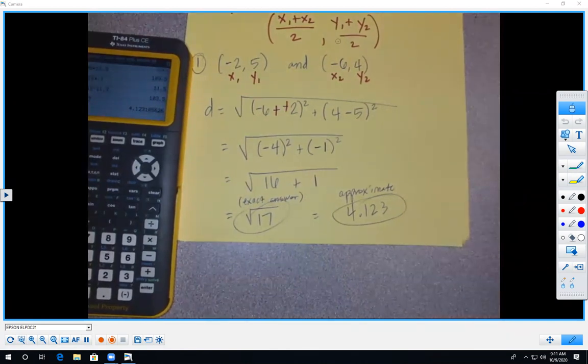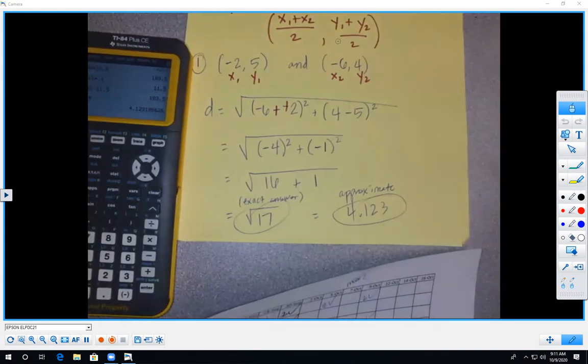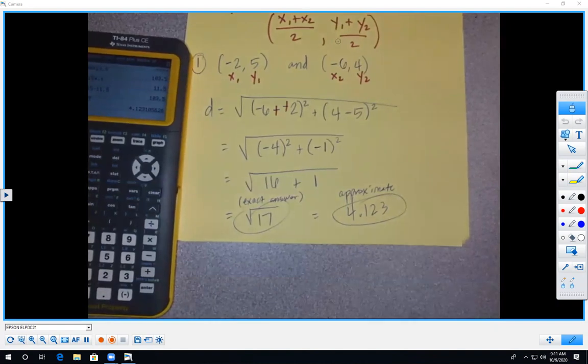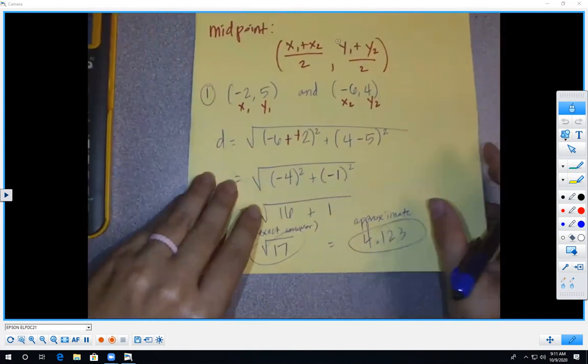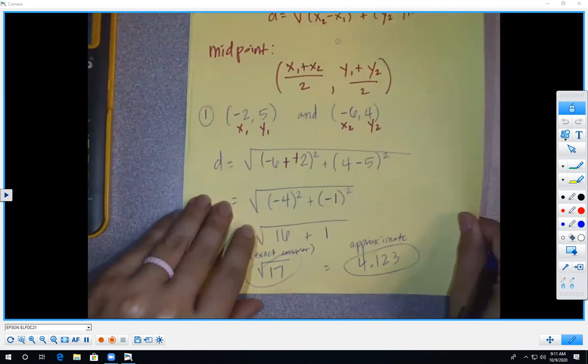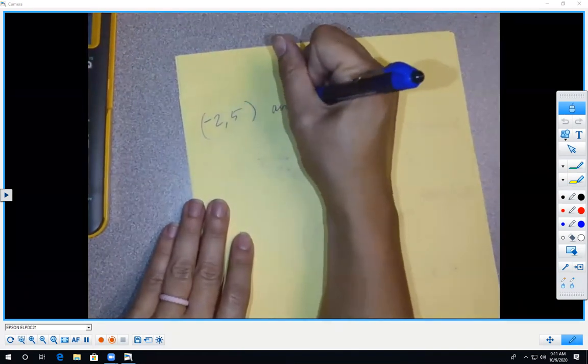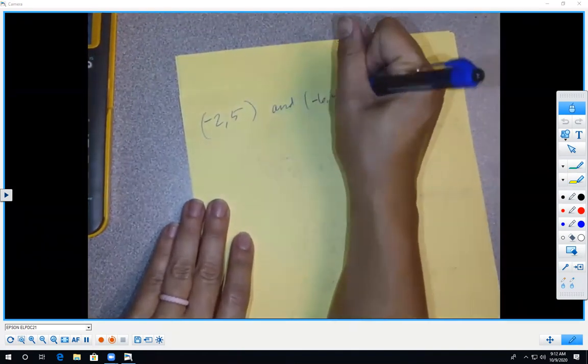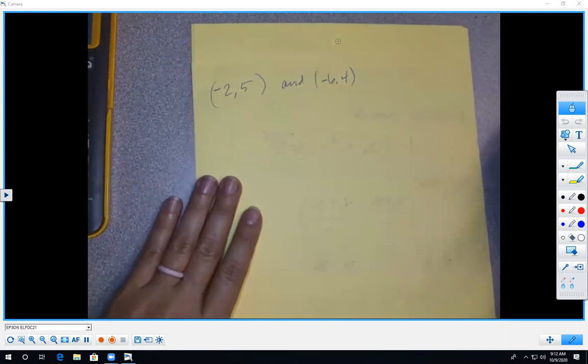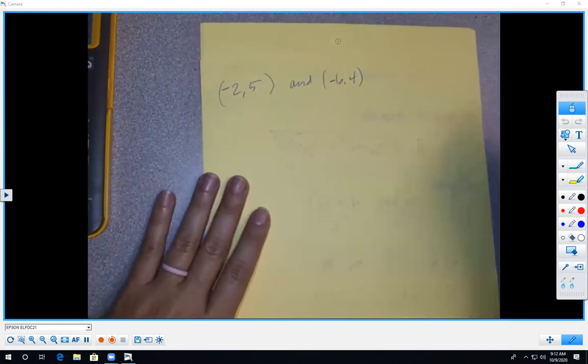So that is the distance formula. Let's go ahead and do the midpoint formula now. I'm gonna turn the page, so I'm gonna rewrite it: (-2, 5) and (-6, 4). We're finding the midpoint between these two points.